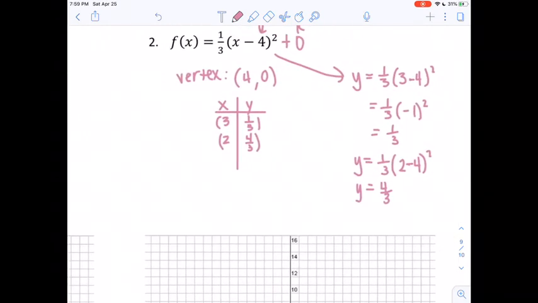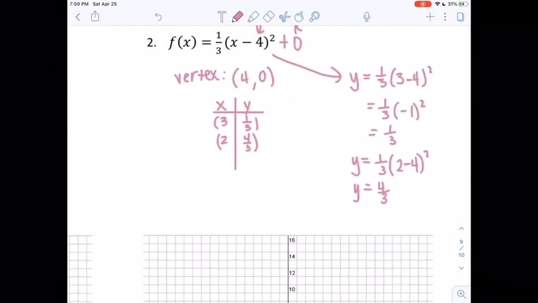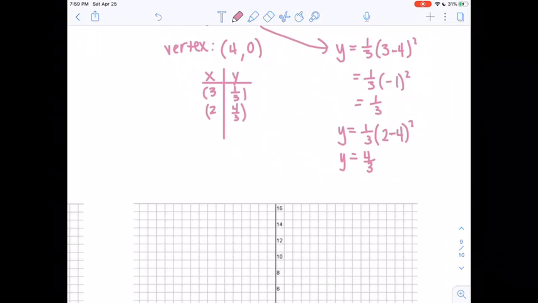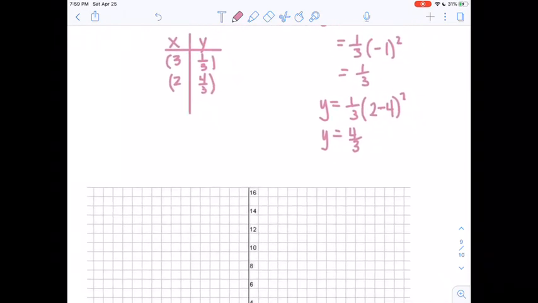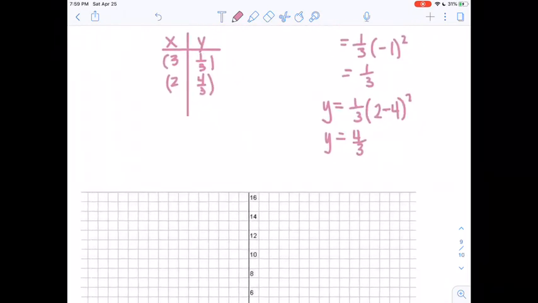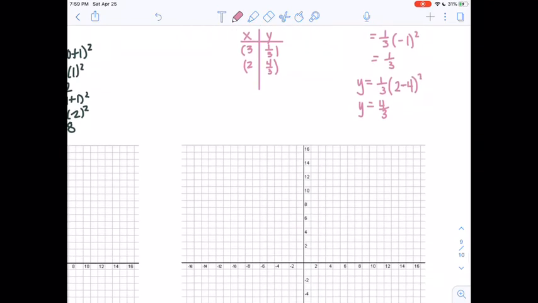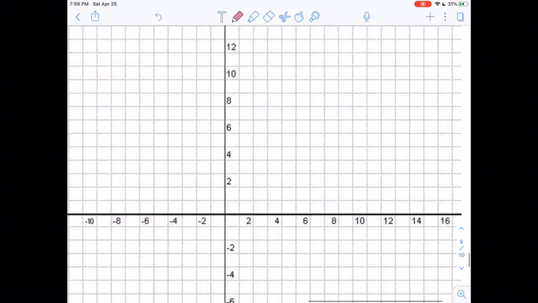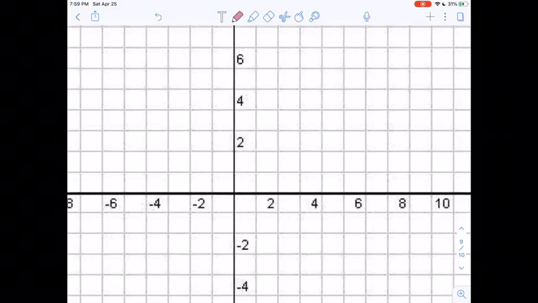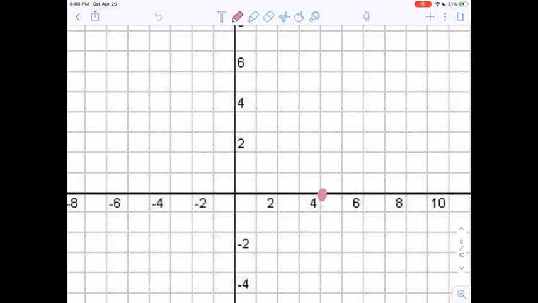Okay, now it's not ideal to be graphing fractions. If you wanted to, you don't have to pick consecutive points. You could pick points that you know would get you values that would eliminate your 1/3, but we could just deal with what we have. So I'm going to plot 4, 0.